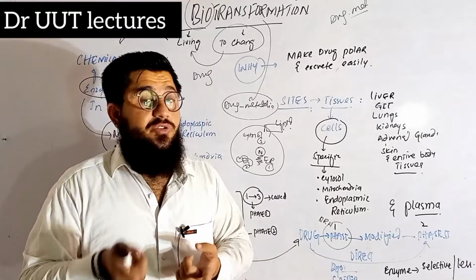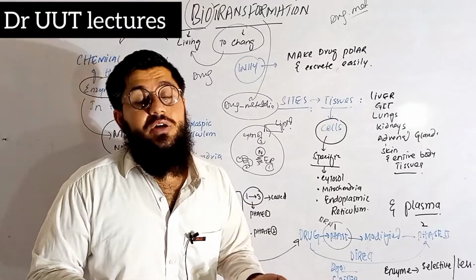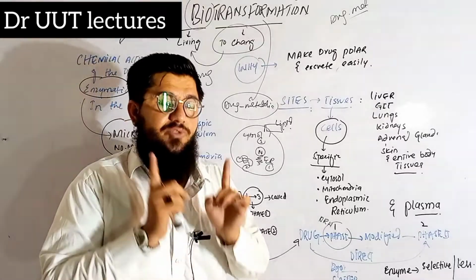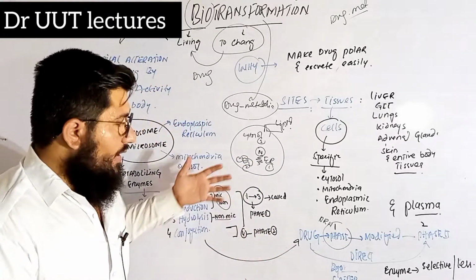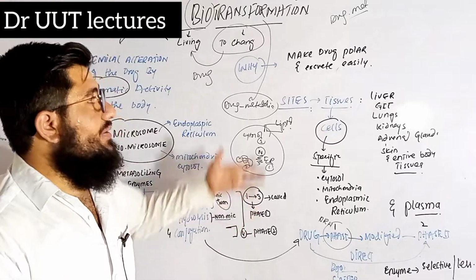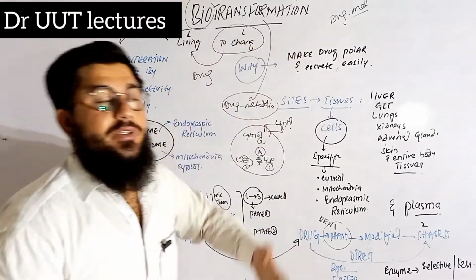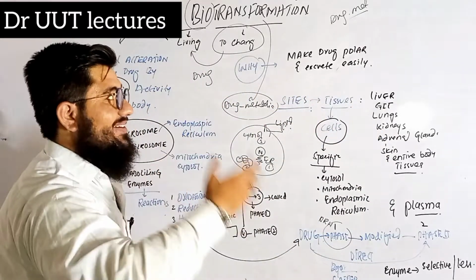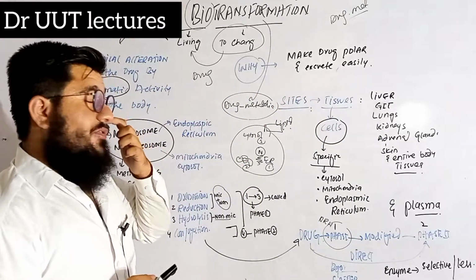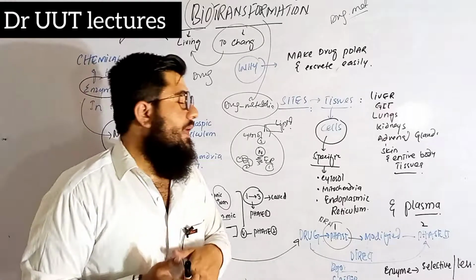And if the drug is not metabolized, it will not show actions also. So both things are necessary. Drug metabolism is necessary in each and every case. Regarding these phases, it is necessary to make the drug polar. The more polar the drug is, the more ease it has while being excreted from the body.